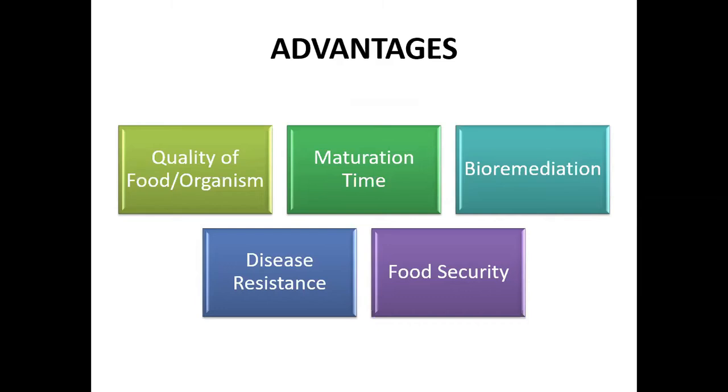Disease resistance: a genetically modified organism can be resistant to certain diseases. For example, if we talk about genetic diseases in humans, cystic fibrosis and hemophilia are being considered for genetic modification in animals. Food security is also a main focus, because increased food security for a growing population can be achieved using genetic modifications.